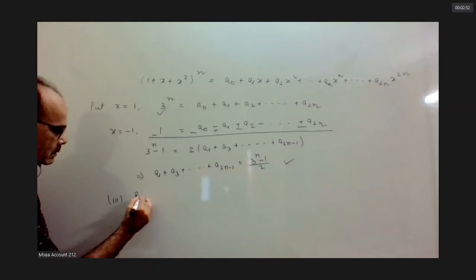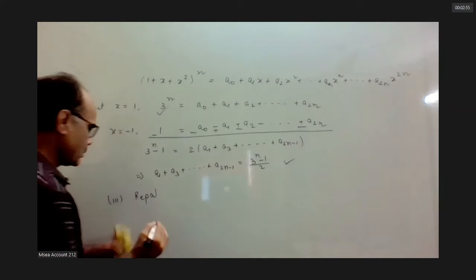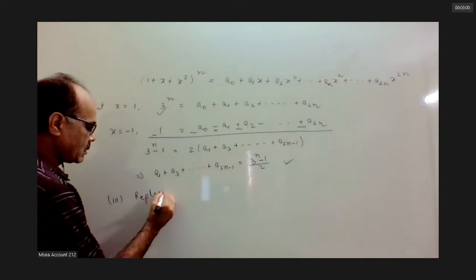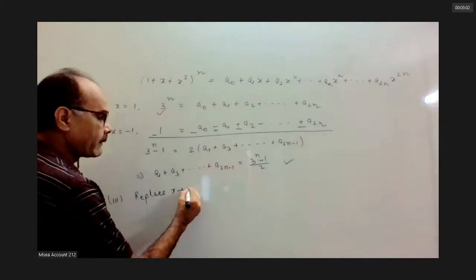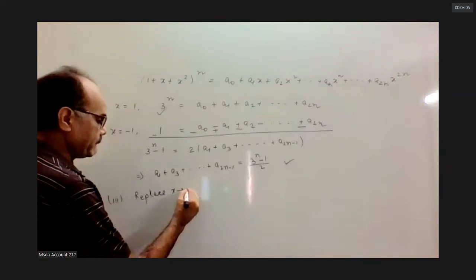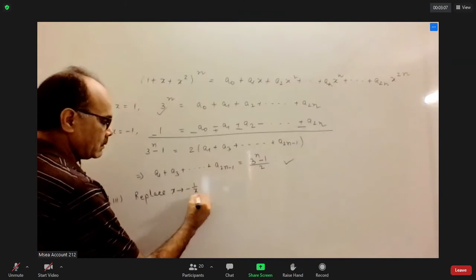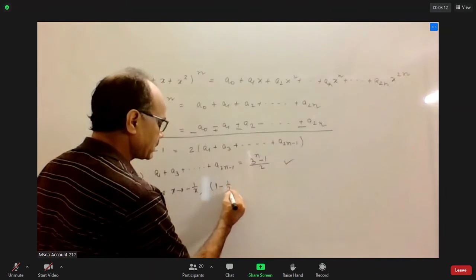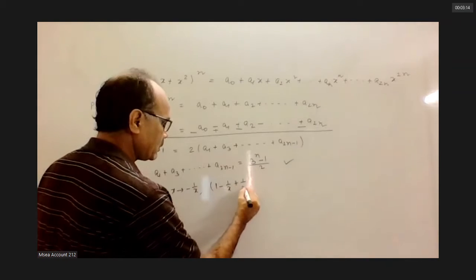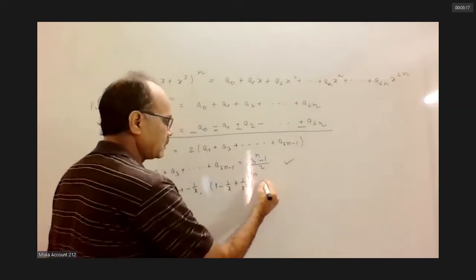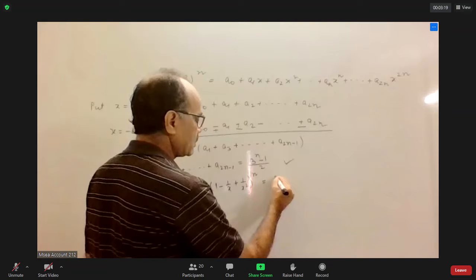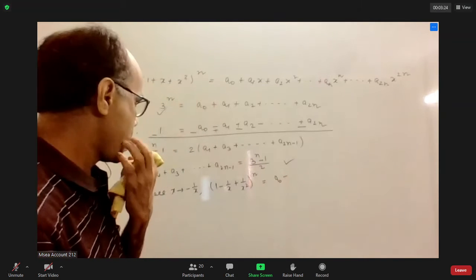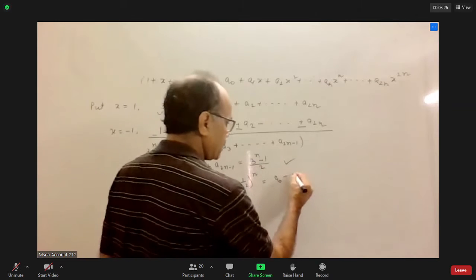Replace x by y, minus 1 by x. 1 minus 1 by x plus 1 by x square to the power n equals a0 plus a1 by x and so on.